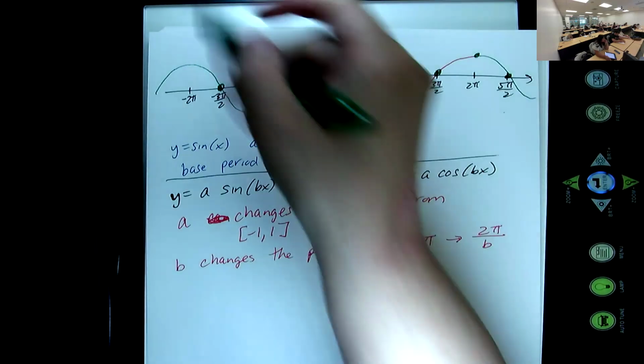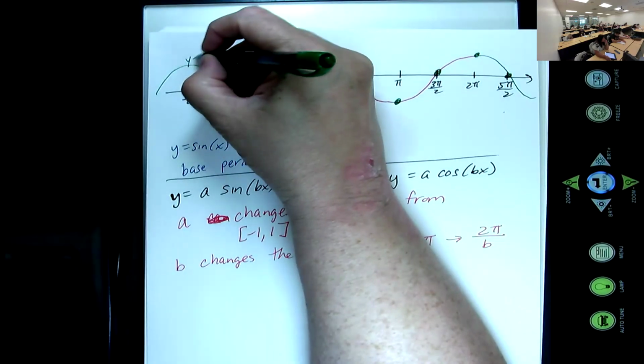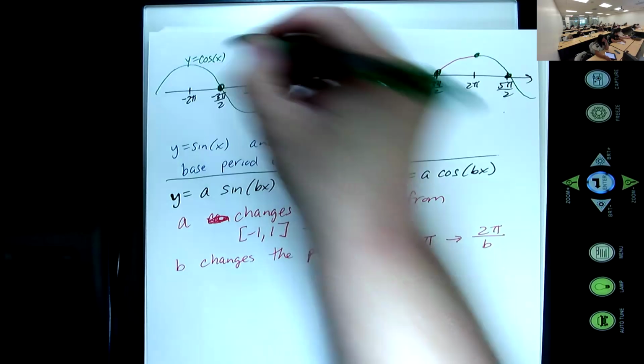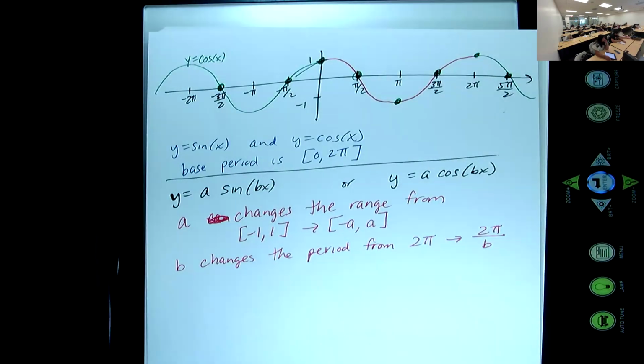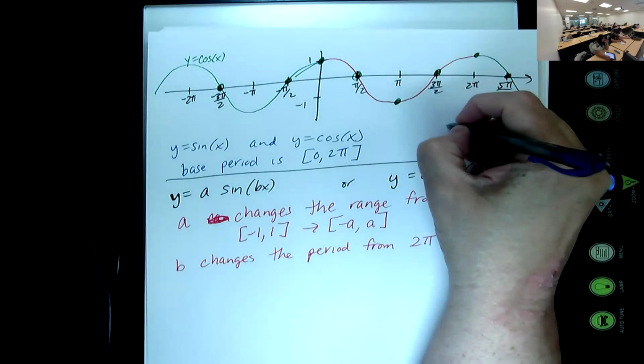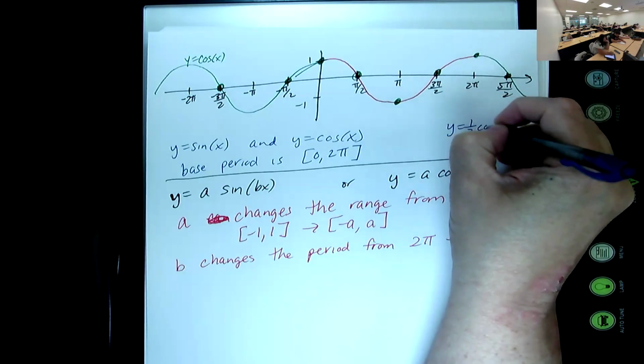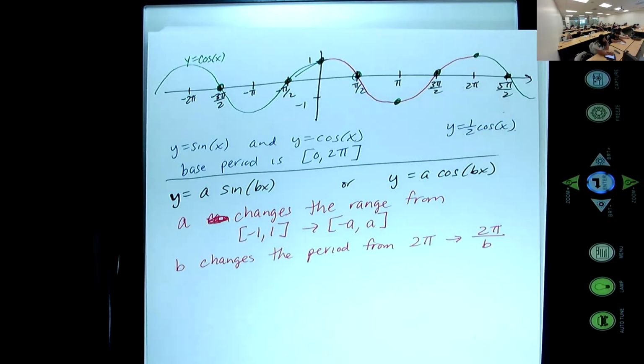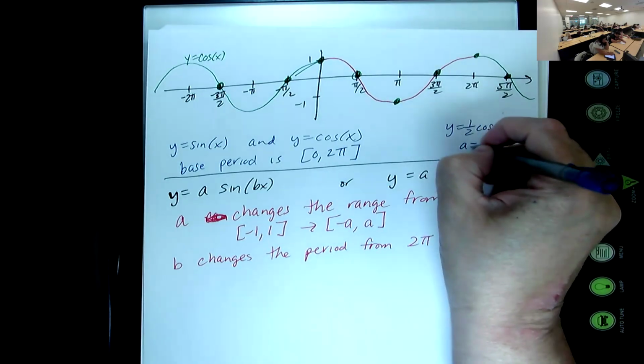So this green red line up here was y equals cosine x. I'll make a blue line. We're gonna do y equals 1/2 cosine x. This is just changing the a, so a equals 1/2 here.